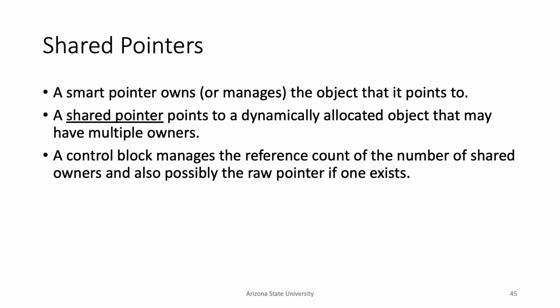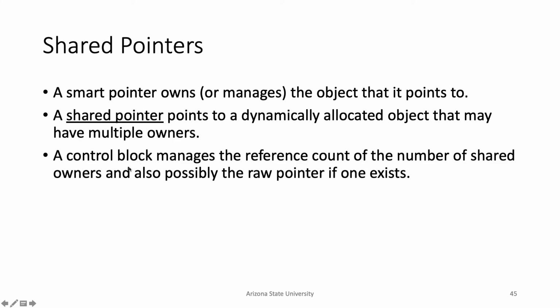Maybe you want to have a pointer over here and a pointer over here pointing to the same thing in memory. Sometimes you do want that. So how is this better than just assigning a normal pointer to another pointer, so I have two things going to the same object?